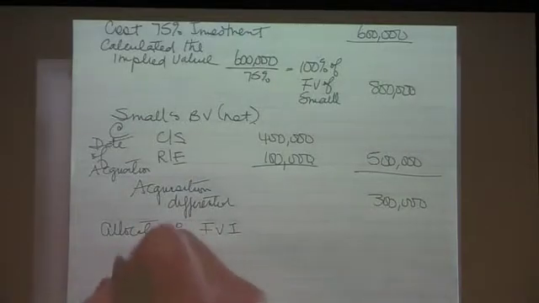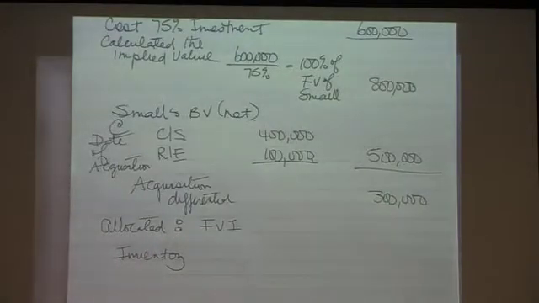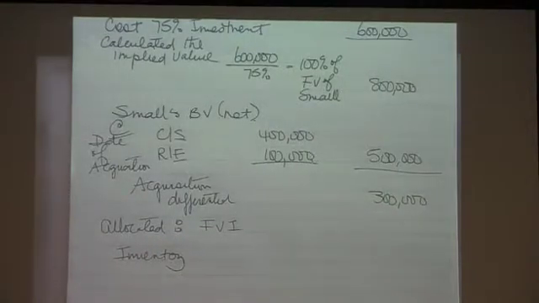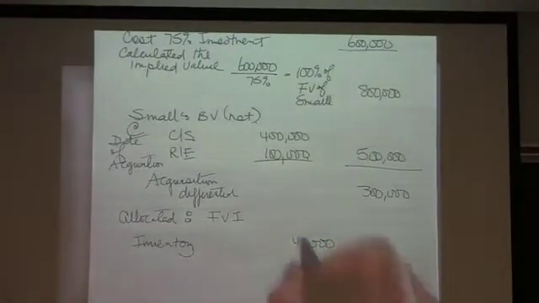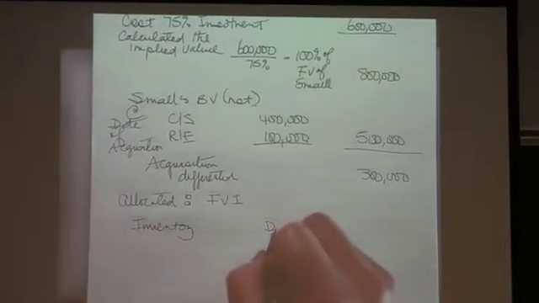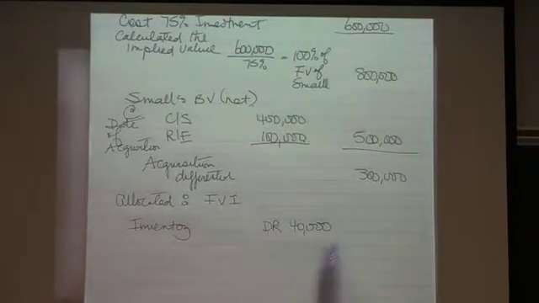We're told that inventory was undervalued by 40, so we need to debit this inventory. Why? Because Small probably recorded the inventory at cost, perhaps doing a lower of cost and NRV at some point, but now we're looking at the fair value of that inventory, and it's actually higher.